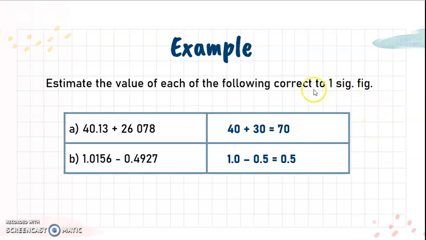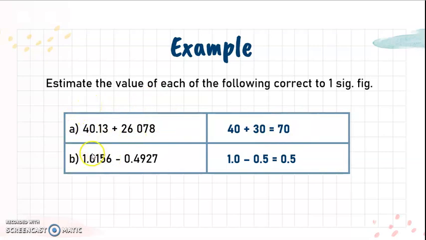So when you encounter this type of question, you have to change each of the numbers. In this case, we have 40.13 plus 26.78. You change this to one significant figure, it becomes 40 plus 30 and the answer is 70. So 70 is the estimation of this value.